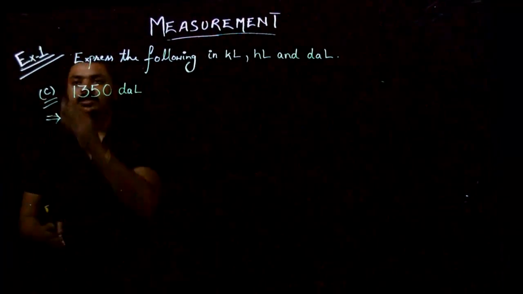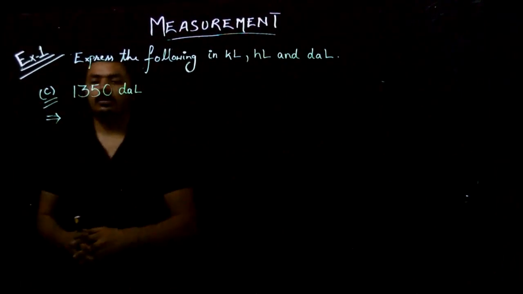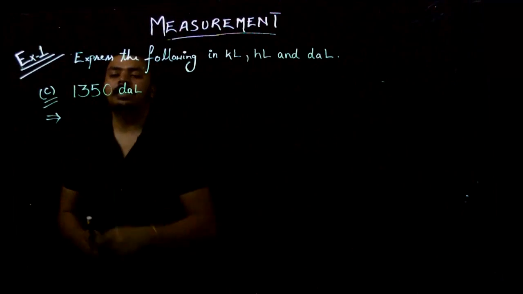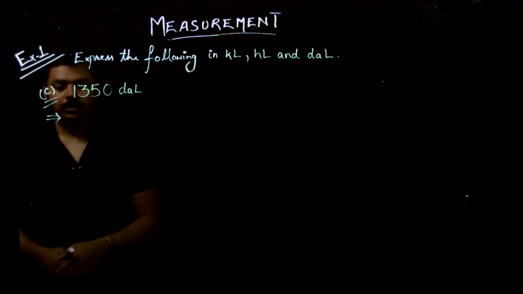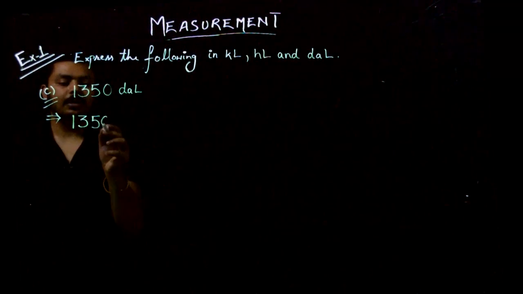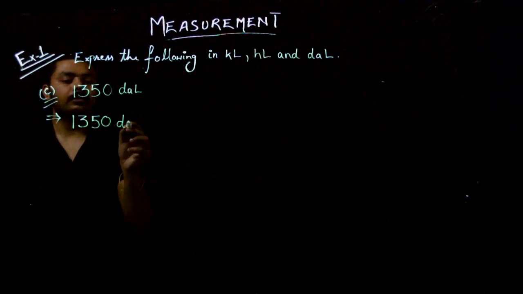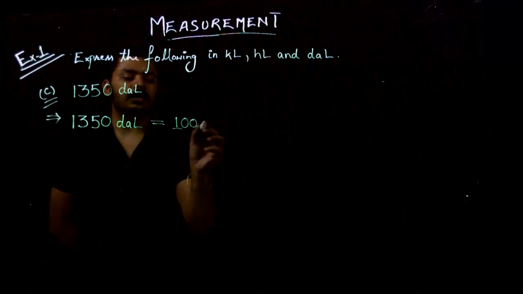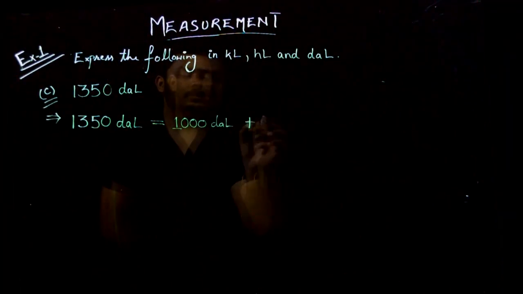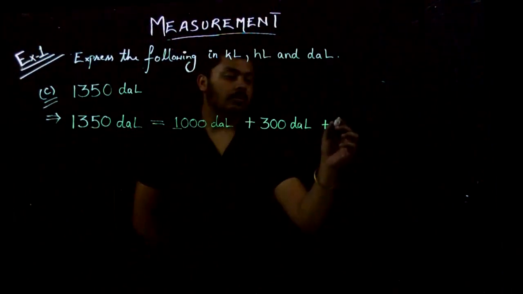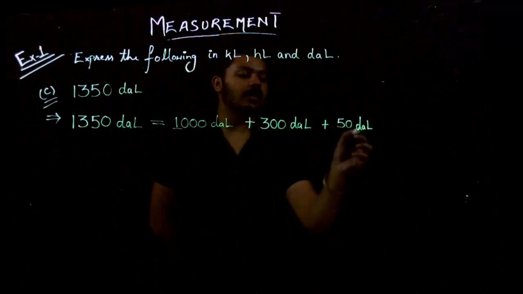Now let's see part C of example number 1, 1350 decaliters. So now 1350 decaliters can be written as 1000 decaliters plus 300 decaliters plus 50 decaliters.